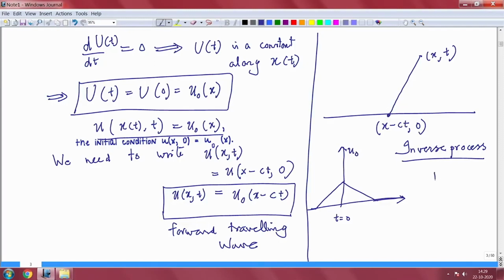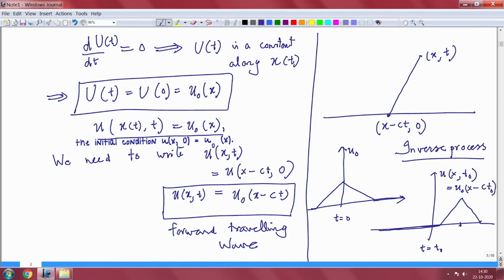Then after some time it will move forward. With time t equal to t naught, if I plot my u(x, t naught), the curve will be like this. So, this will be moved forward a little bit. That is, u of (x minus c t naught), that is nothing but u naught of (x minus c t naught).